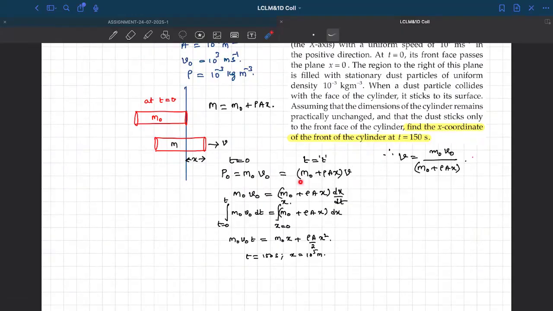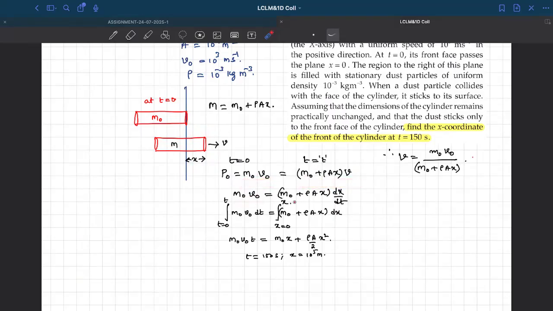The total mass is m naught plus rho a x, this much volume earlier contained some dust particles, into v. That is the momentum of the system. Initial momentum, final momentum.